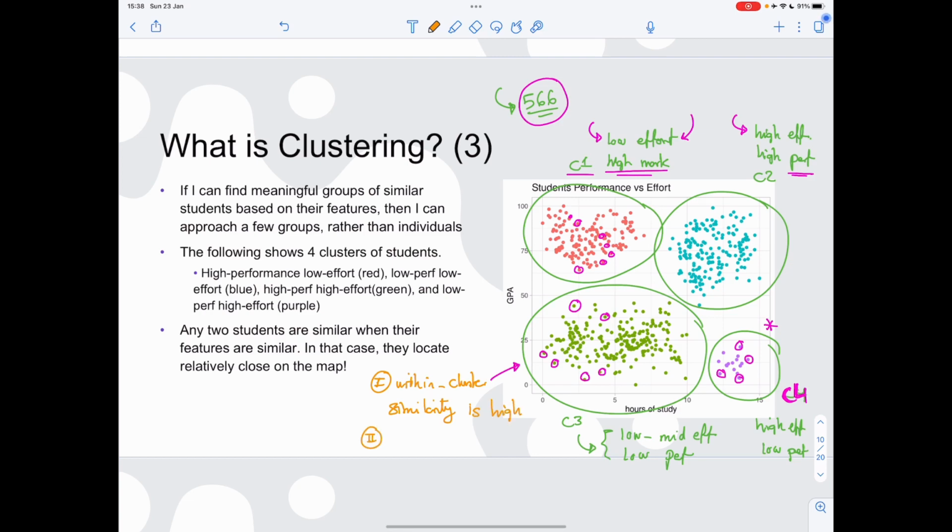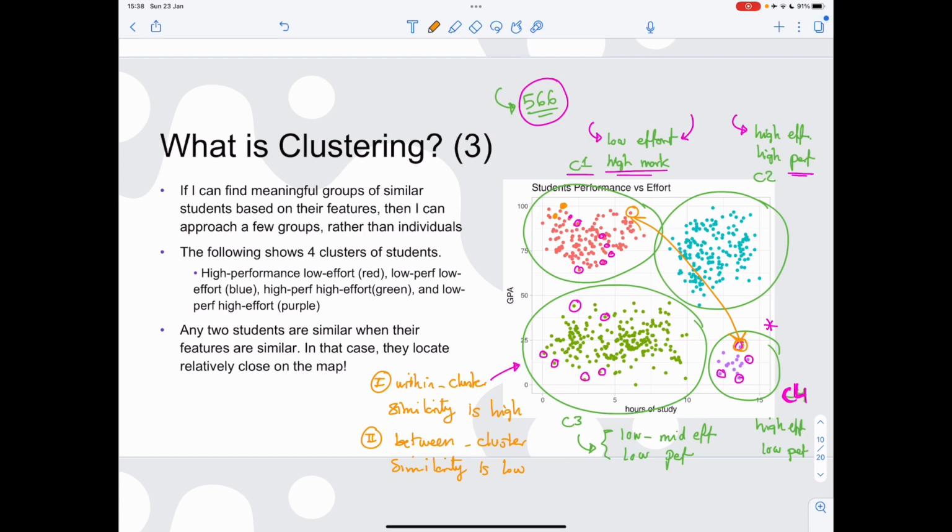Two, the between cluster similarity is low. So every two members of a cluster are similar, and two members of two different clusters are dissimilar, they are very far from each other.